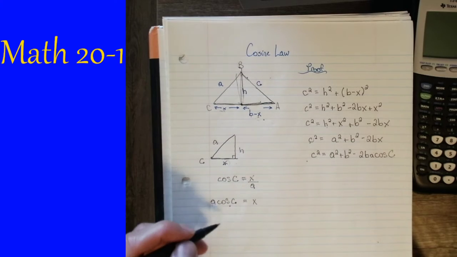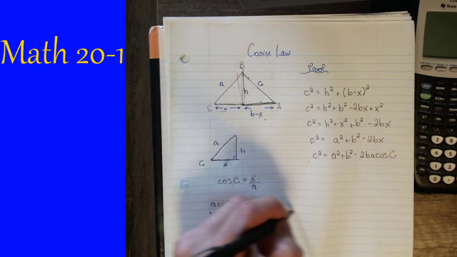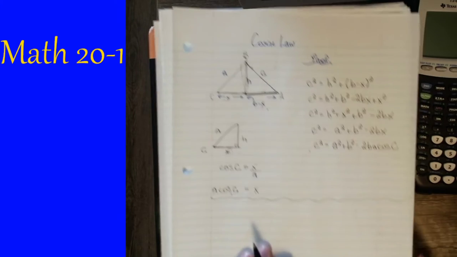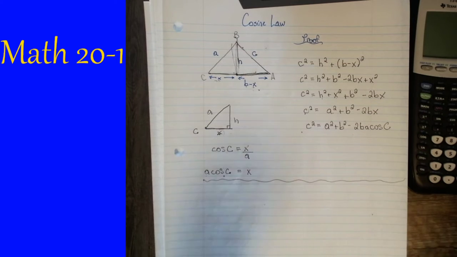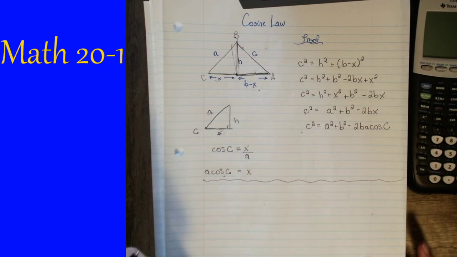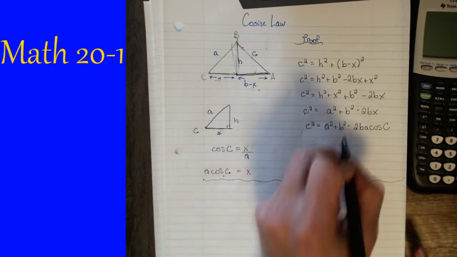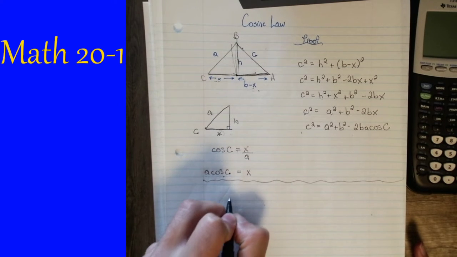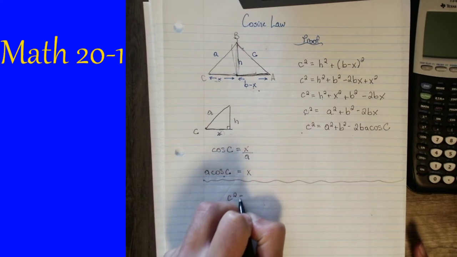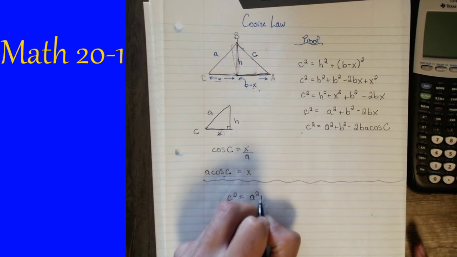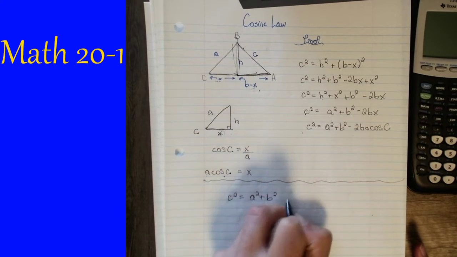More formally, I'll give you the three iterations of the cosine law and how I remember them, because you really only need to remember one, and the rest just come from that. So I'll rewrite this one here. c squared is equal to a squared plus b squared. This is the way I remember it.